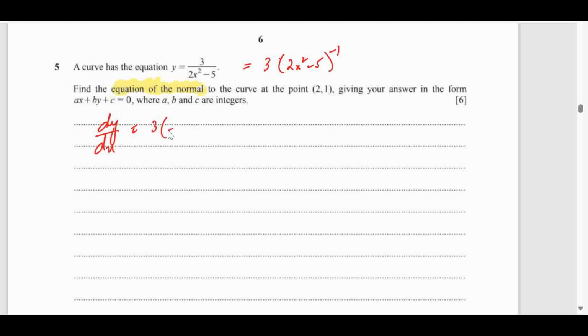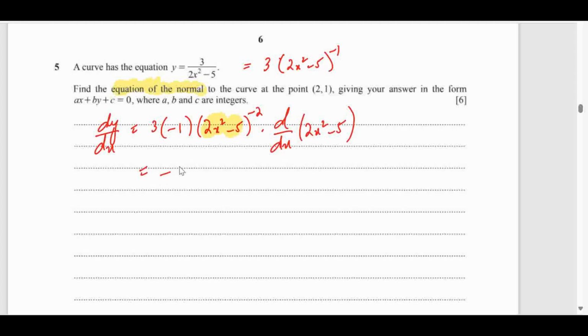If we differentiate it, this will be −1 into (2x² − 5)^(−2) into the internal derivative. Now we need to take the internal derivative, so this will be d/dx of 2x² − 5, because we have used the power rule for this expression.